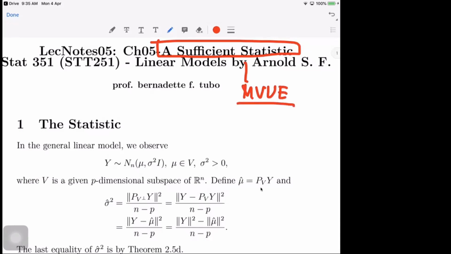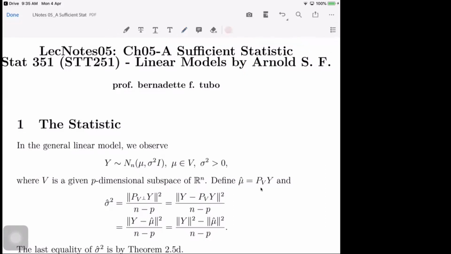This is an intersection of inference. So along the way, let me just have an overview of a sufficient statistic and minimum variance unbiased estimation. Anyway, this is relating to the linear model.